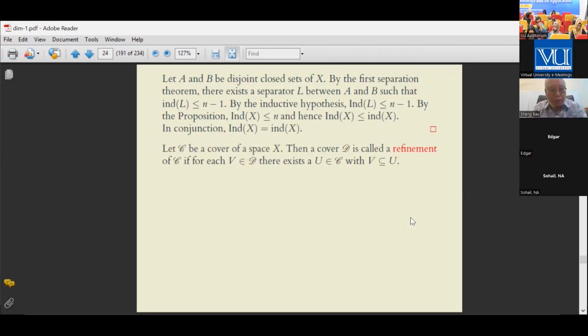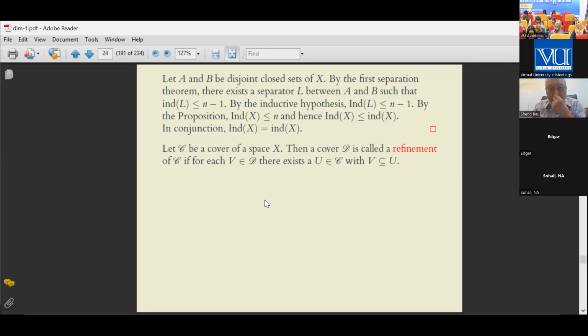Now we are going to define the most important concept of dimension for topological spaces. It is Lebesgue's covering dimension, and this is the one which is being used for topological spaces. This is also an integer dimension.